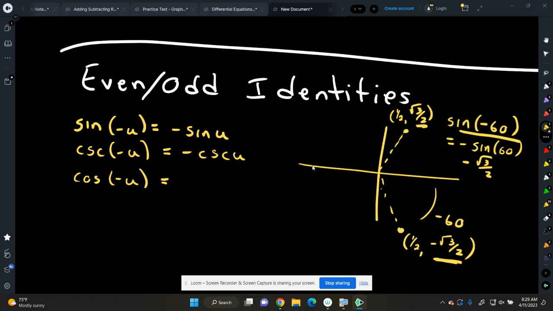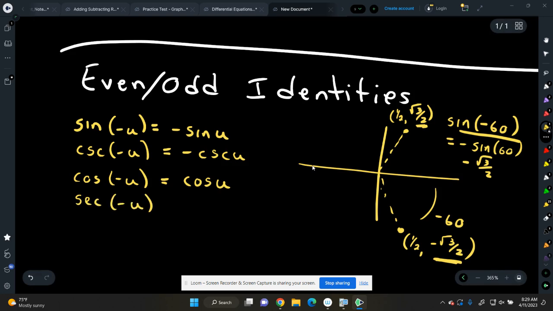So when we look at cosine of a negative angle, that's the same as cosine of the positive angle. So it doesn't matter that it's a negative angle when we're talking about cosine. Same thing happens with secant.